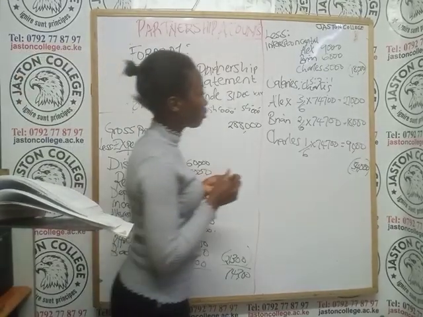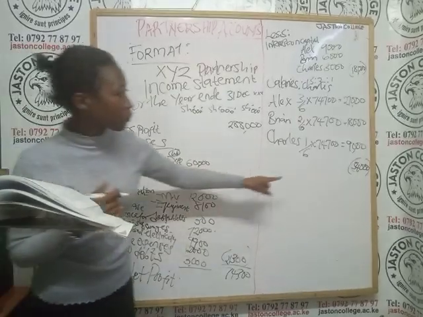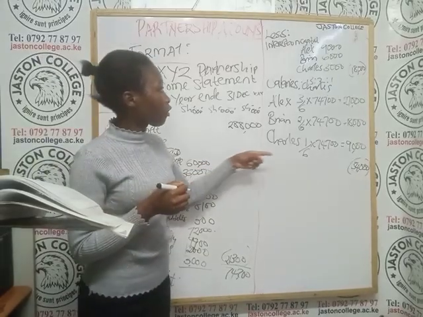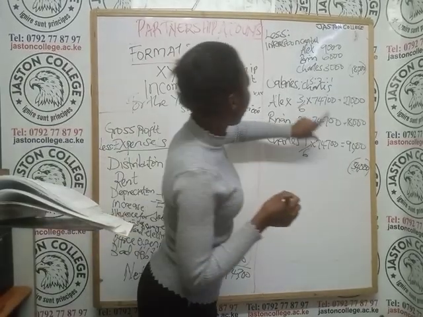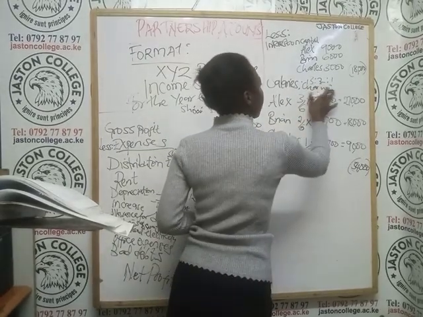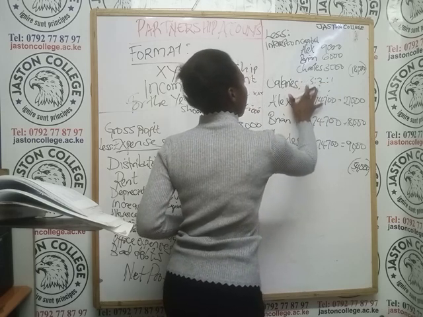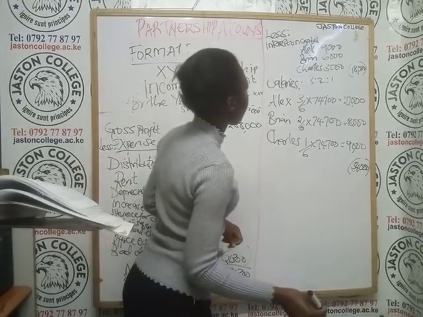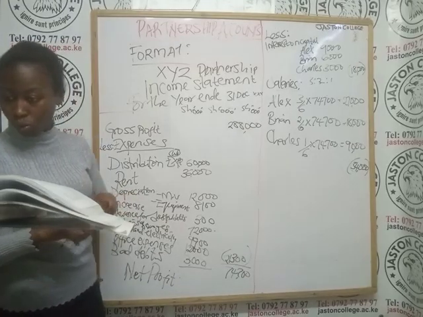We will get 54,000 here as our profit shared to the partners as salaries. Let's remove this here. We will get our profit shared to the partners.